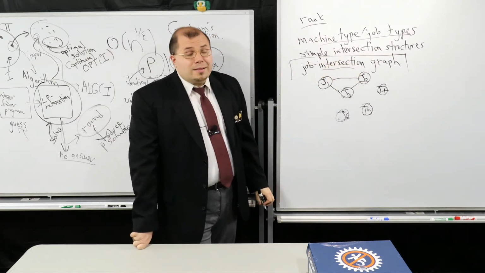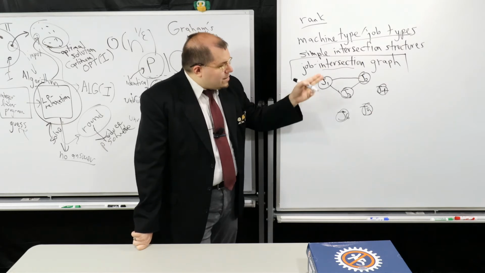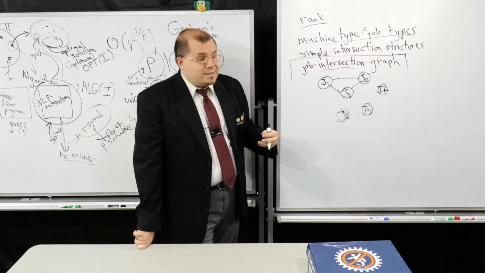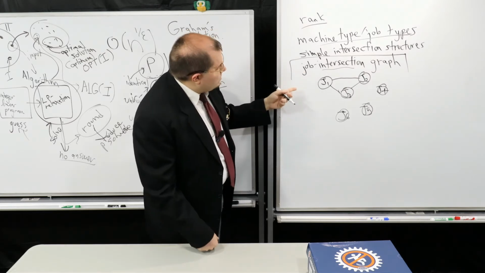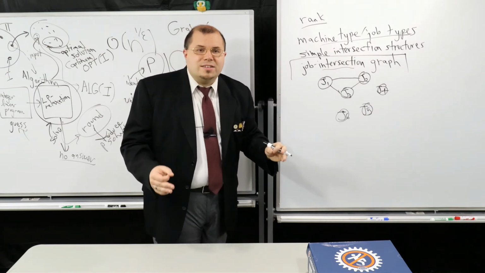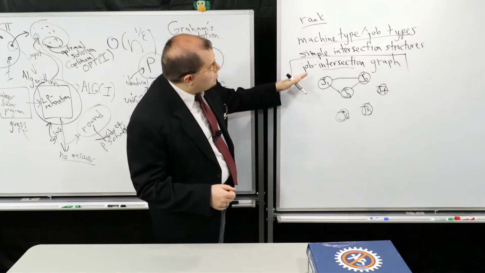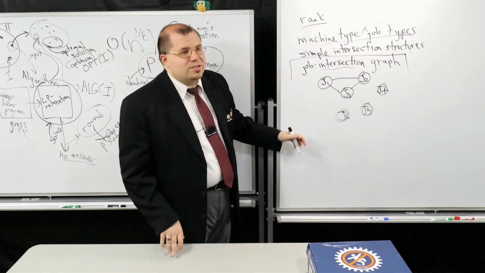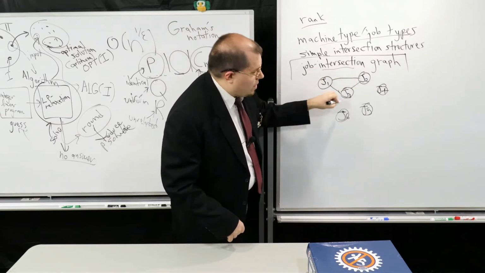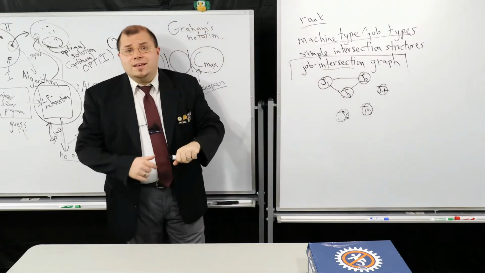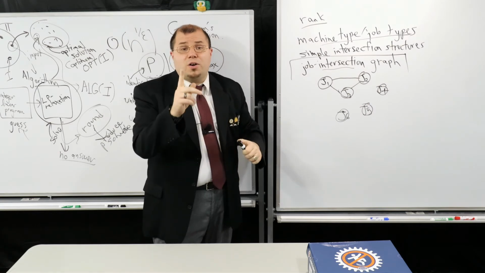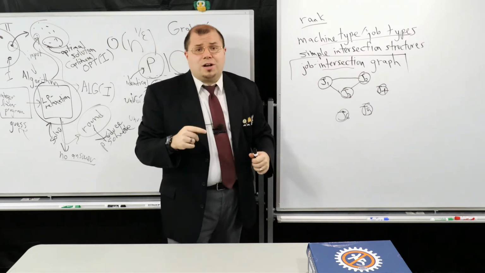People like myself have looked at cases like this. You could study so-called machine intersection graphs as well. That also has been studied. But one positive result that's kind of neat about job intersection graphs is this: if you consider our Cmax and specialize it for only certain kinds of job intersection graphs, for example, if the graph doesn't contain so-called triangles, and this is an example of a triangle, then there does exist a polynomial time algorithm to solve any instance of our Cmax that has such structure.